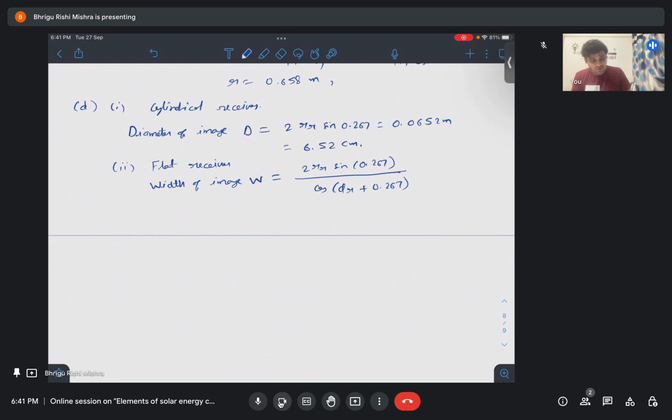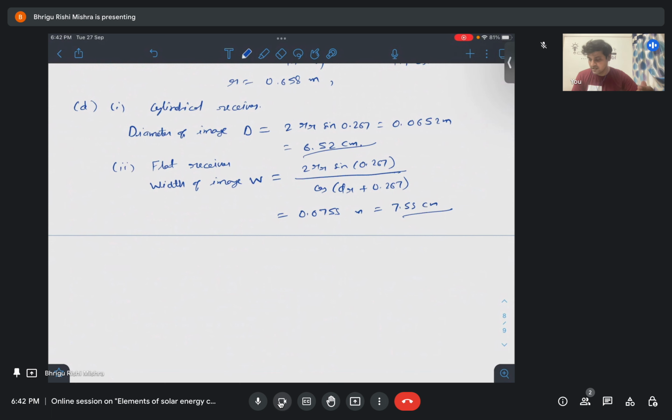If you solve this, you get 0.0755 meter, which is 7.55 centimeter. So in case of flat receiver, the width of the image is 7.55 centimeter, and in case of cylindrical receiver, the diameter of the image is 6.52 centimeter.